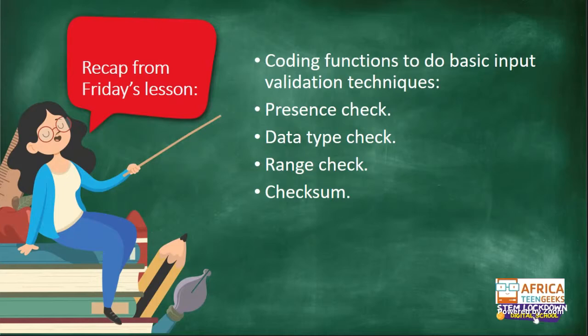So maybe I tapped on 2 twice very quickly. The checksum uses the last digit in my number, and it compares the last digit with a basic algorithm that I apply on the other digits. And that algorithm gives me a single digit answer. And if that single digit answer correlates with the final digit, then I'm 99.99% sure that the number that was intended to be entered was actually correct. Okay, so those are all validation techniques.